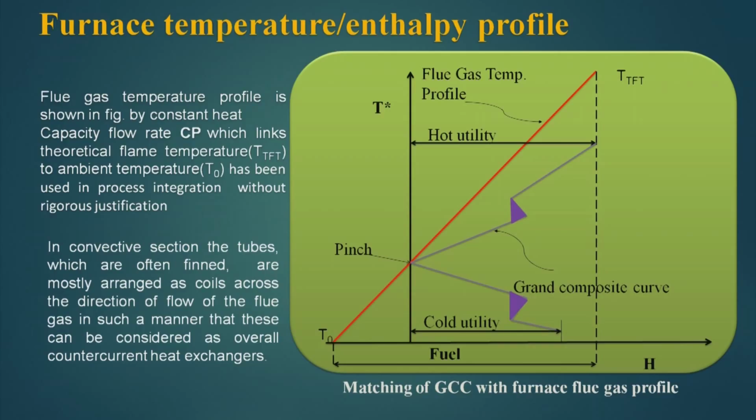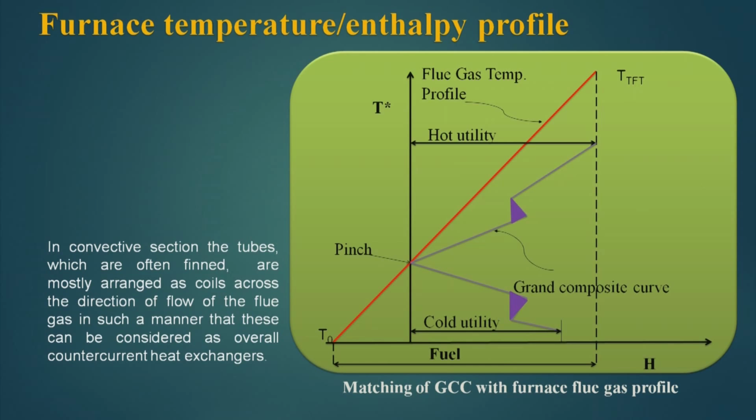The fuel gas profile is shown in the figure by a constant heat capacity flow rate CP line, and the slope of this fuel gas temperature profile depends upon the capital CP, that is the heat capacity flow rate of the hot gas, because the slope of this line is 1 by capital CP, or 1 by heat capacity flow rate.